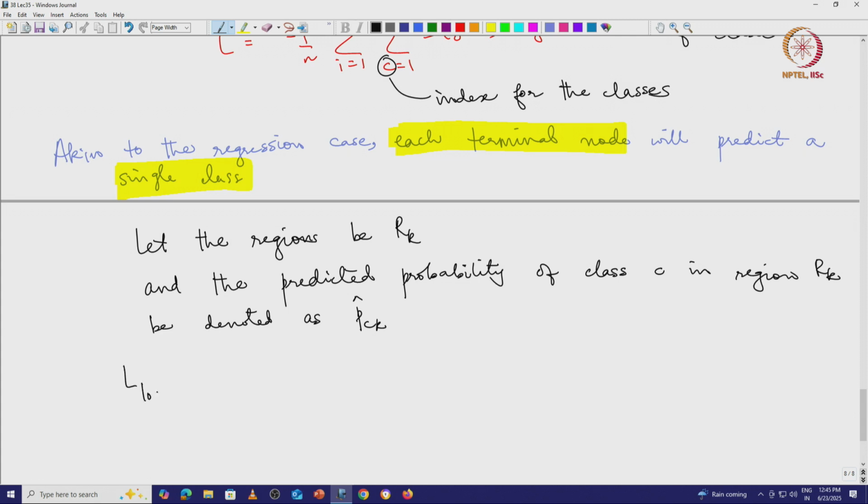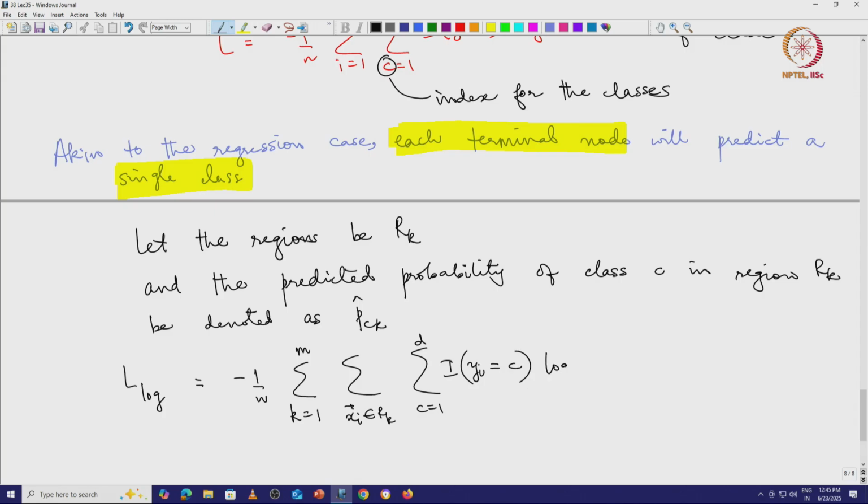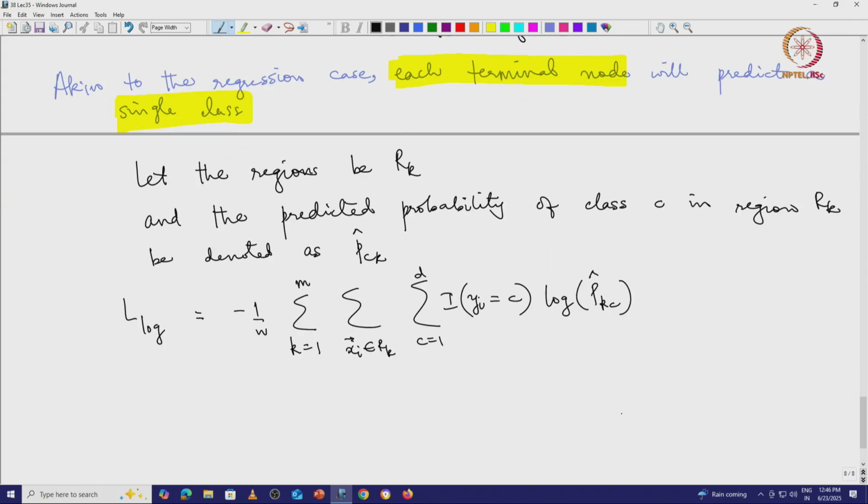So, then this log loss function will essentially be minus 1 over n, sum k equals 1 to m. So, we are considering m regions, and then we should look at the points which belong to that region, then we should sum over all the classes. So, the indicator function first has to appear, whether the point is actually class C, multiplied by the log of the probability that we had predicted for that region to have class C. Okay. So, this is the loss function that should be considered.